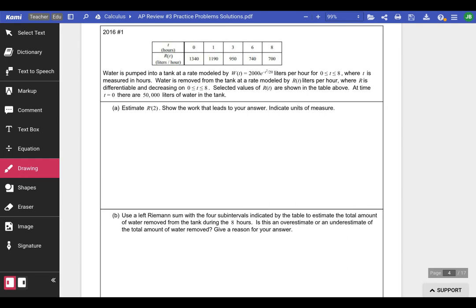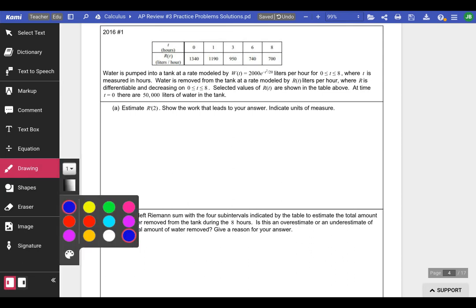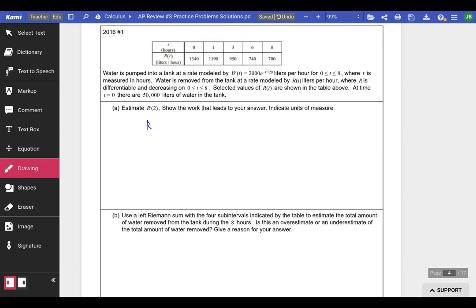And just like we have been, we're going to do that using the average rate of change. So R prime of 2 is approximately R of 3 minus R of 1 all over 3 minus 1. You can grab those values from the table.